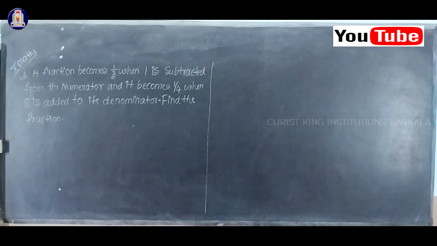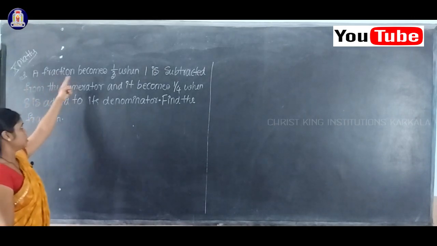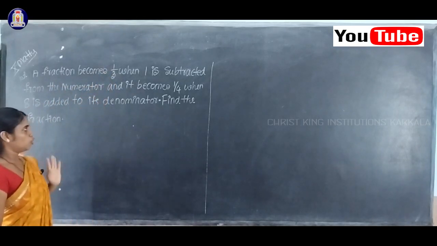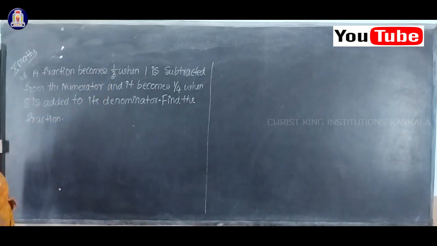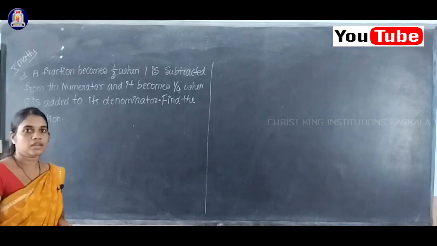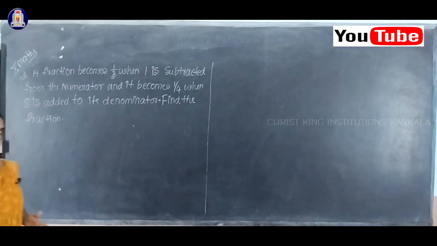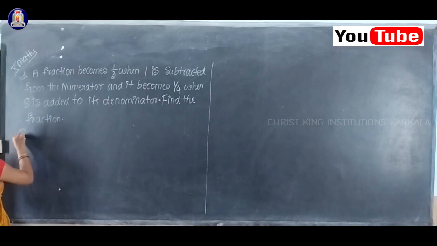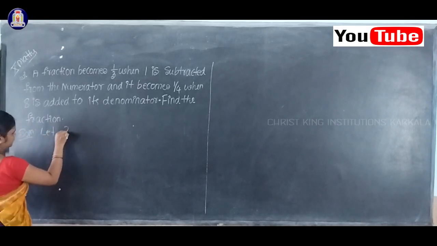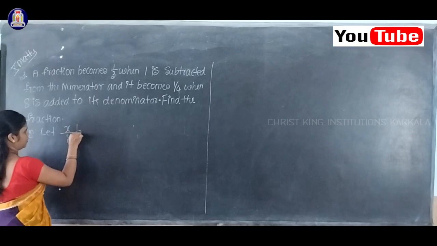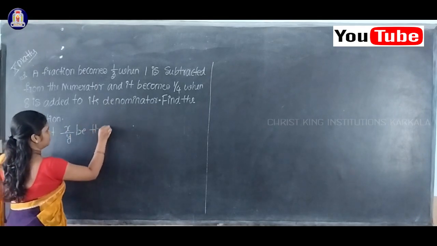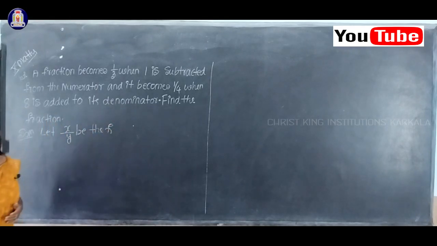In the question given here, a fraction becomes 1 by 3. Again they have discussed fractions. At the beginning I will consider let x by y be the fraction. So, solution: let x by y be the fraction.